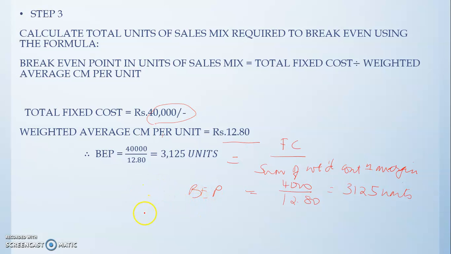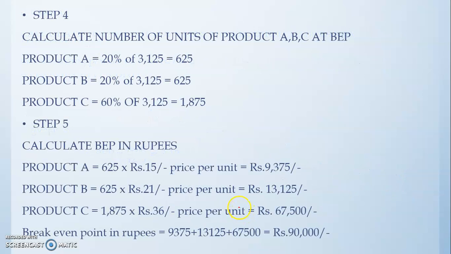Now please understand this is the break-even point in terms of units. We can also find the break-even point in terms of value. Which means we multiply 3,125 units in relation to the respective sales mix percentages, which we can see as step 4.